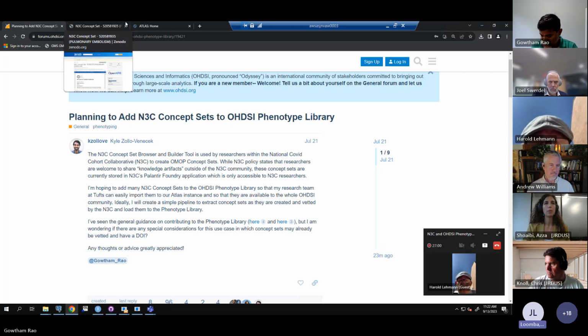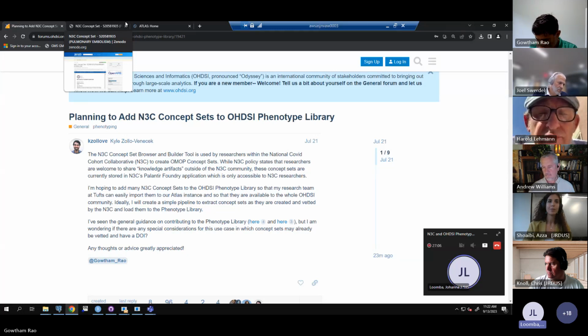Mm-hmm. Yeah, so even though we might be more sensitive to errors that would impact US data because we would notice them, that doesn't mean that our exploration of Atlas or our creation of the concept set is in any way limited to those codes.